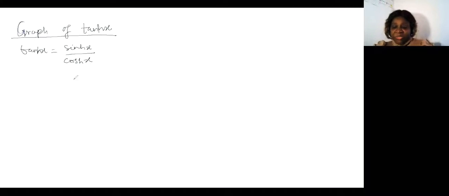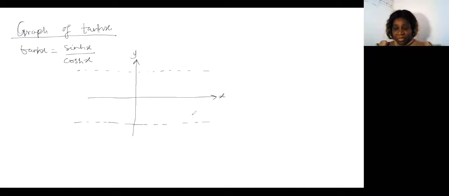If you did a little bit of mathematics, but I don't want us to go into that because you're not required to. You just need to know how to sketch it and what the graph looks like. You've got the x-axis and the y-axis, and an asymptote up there and another asymptote down here, and you've got that one.